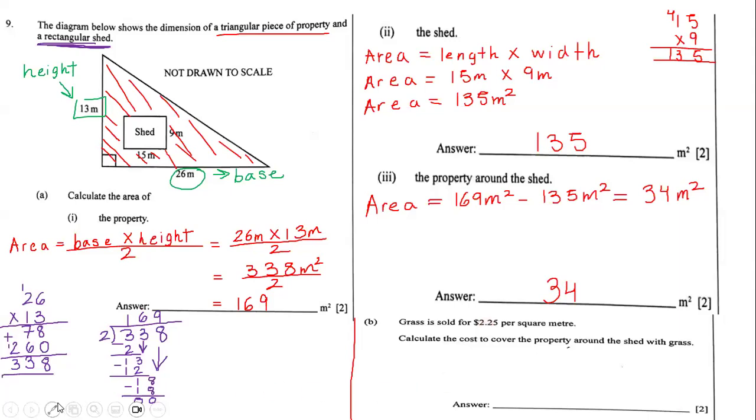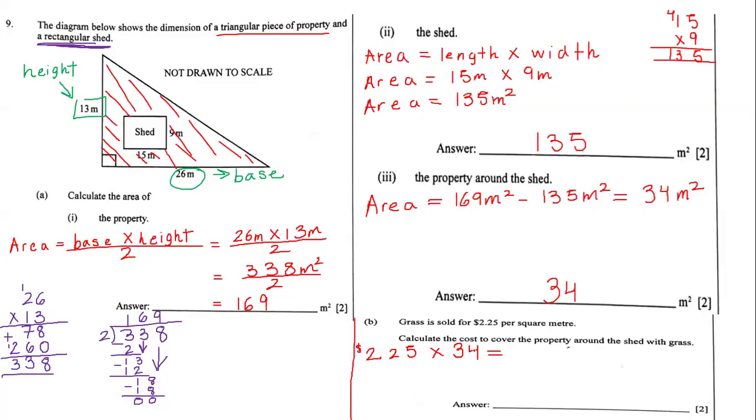So we say $2.25 multiplied by 34 is going to be equal to what?